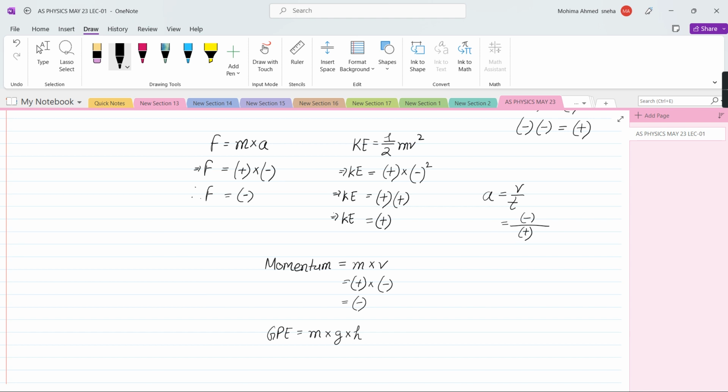And again, using the basics of algebra, minus over plus, the final sign would be minus, indicating that acceleration is indeed negative, a vector quantity. So it really doesn't matter what kind of acceleration you're working with. Acceleration is always going to be negative unless you're working with the double motions of kinematics. That's a different case, but in the general case, acceleration is always a vector quantity.